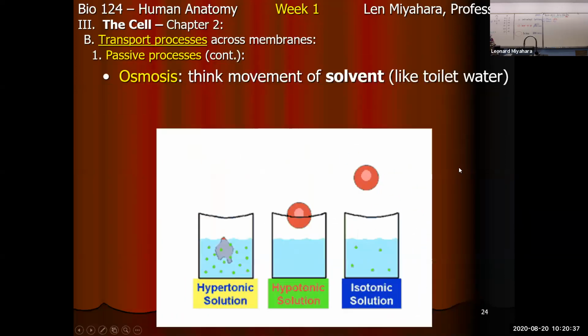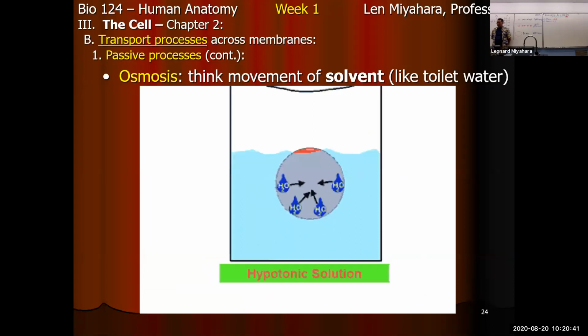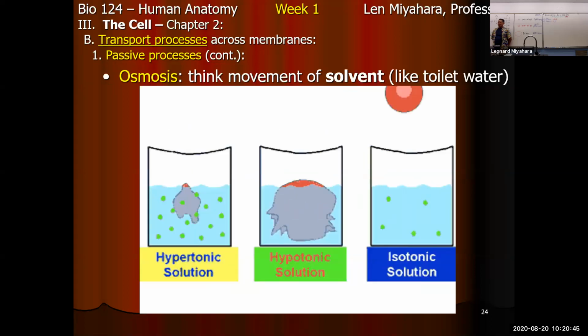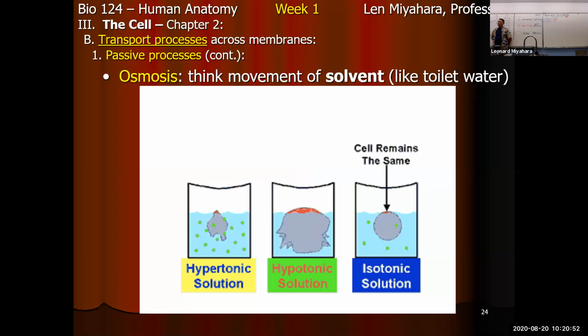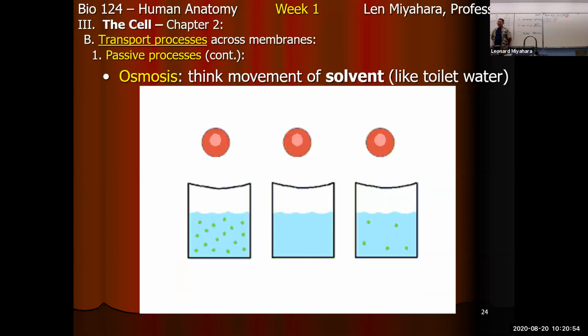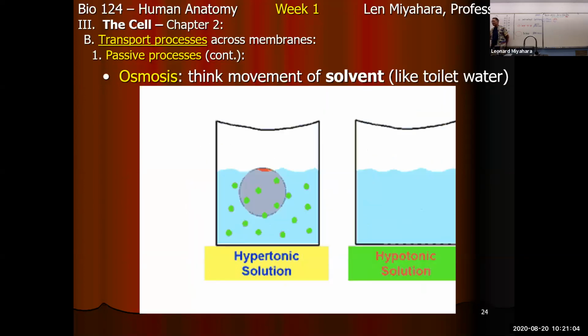Okay. One last clinical element to this, because this is something that you should know, and that is these three terms on the bottom of this animation. These three terms apply to the fluid or solution outside the cell. And it's talking about how much solute is in that solution outside of the cell relative to the cell.